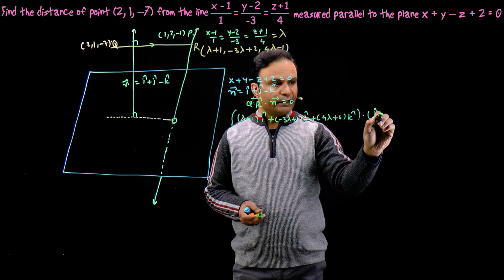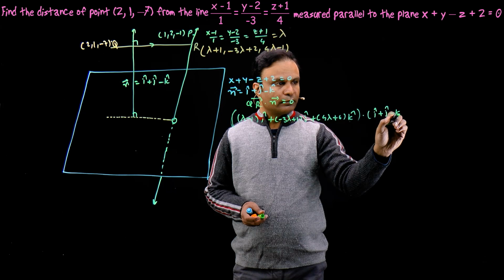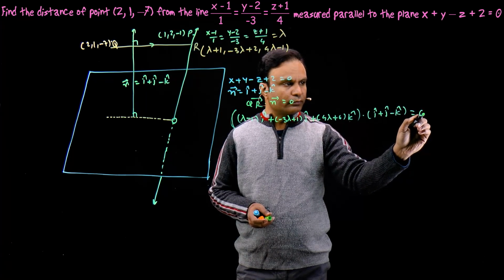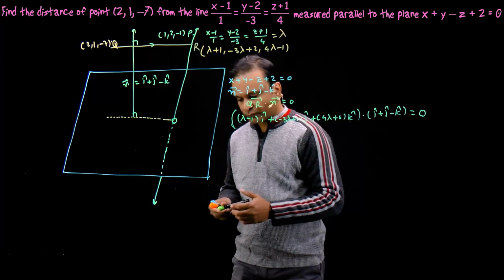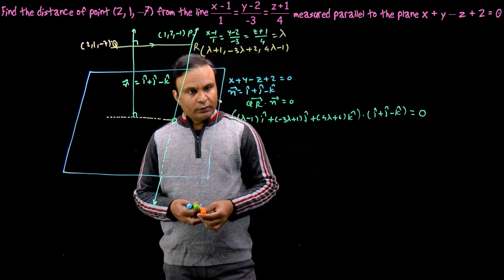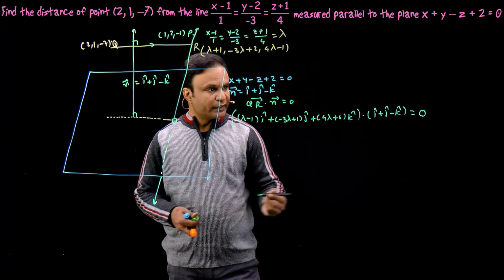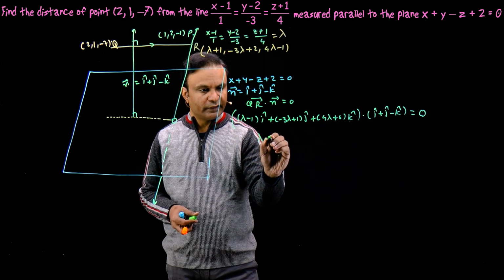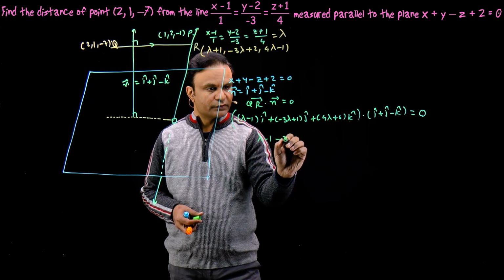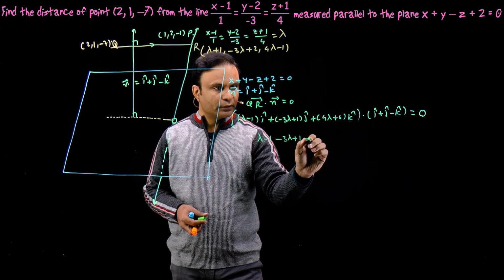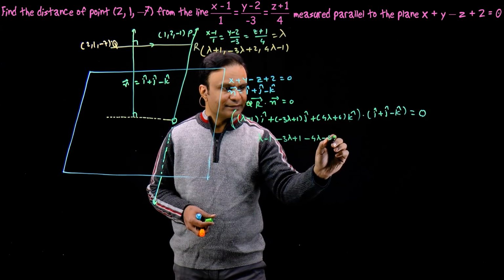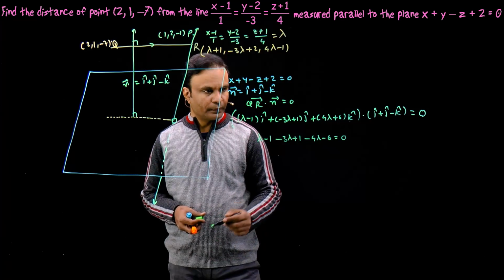We have i plus j minus k. This dot product is 0. Okay, now let's get the dot product. We have lambda minus 1 minus 3 lambda plus 1 minus 4 lambda minus 6 is equal to 0.